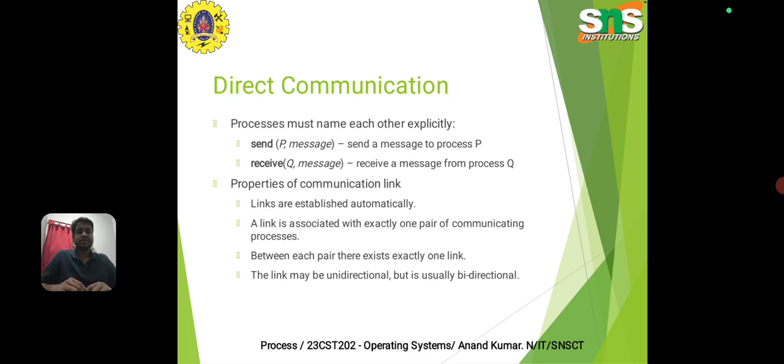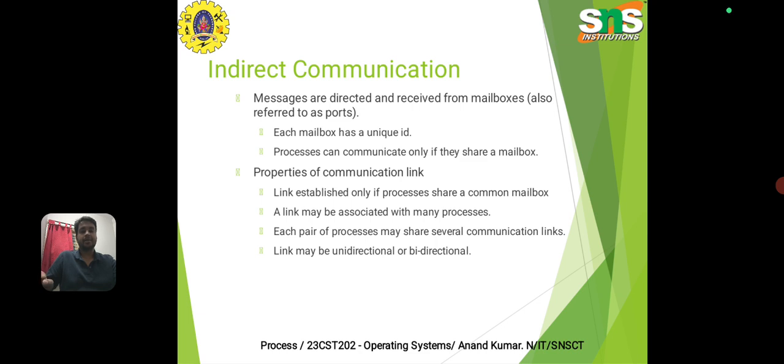A link is associated with exactly one pair of communicating processes. Between each pair, there exists exactly one link. The link may be unidirectional, but it is usually bidirectional.